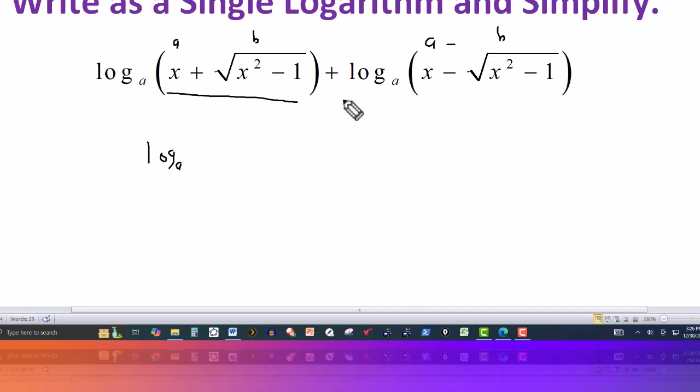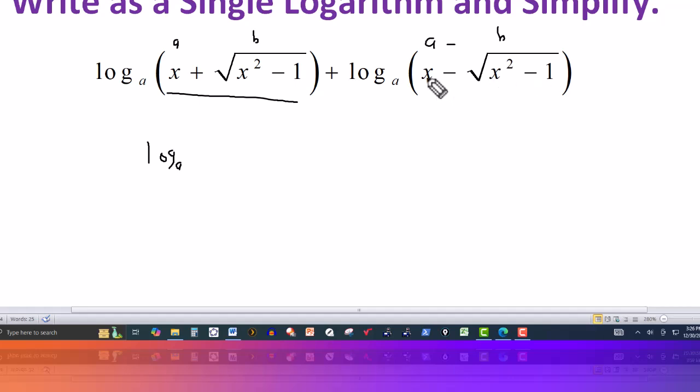The property tells me that if I have a sum of two logs, going back the other way, we have the product of two expressions. So this will be the log to base a of this product: x plus square root of x squared minus 1, times x minus the square root of x squared minus 1.